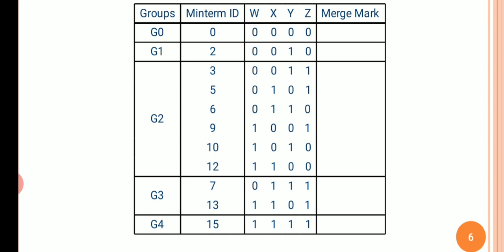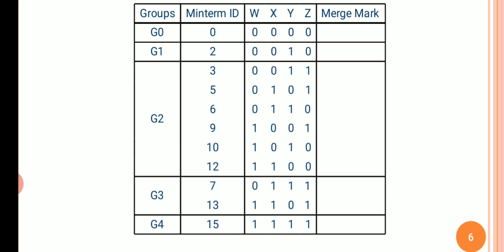And what to check? We just have to check whether there is change in only one variable. Let us take an example. If you are comparing G0 with G1, that means min term 0 with min term 2. Observe the variables w, x, y, z. W is 0, x is 0 and z is 0.